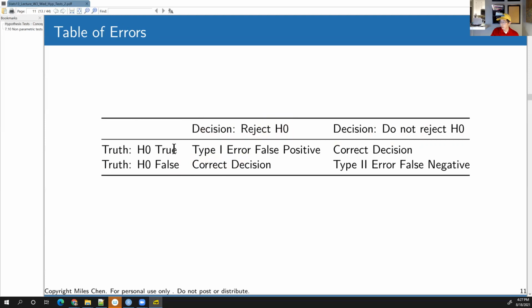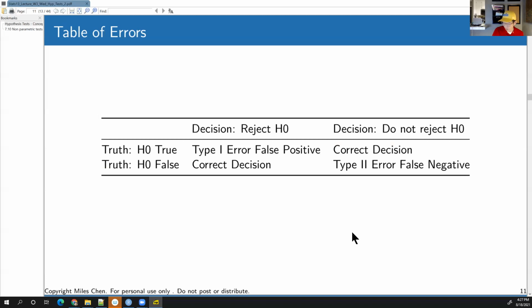But then if the null hypothesis were true and we reject the null, that's known as a type 1 error or a false positive. And if the null hypothesis were false and our decision is not to reject, that's the type 2 error or the false negative. Okay. Question, is there error associated with alpha since it's arbitrary, even if it's normally 5%?